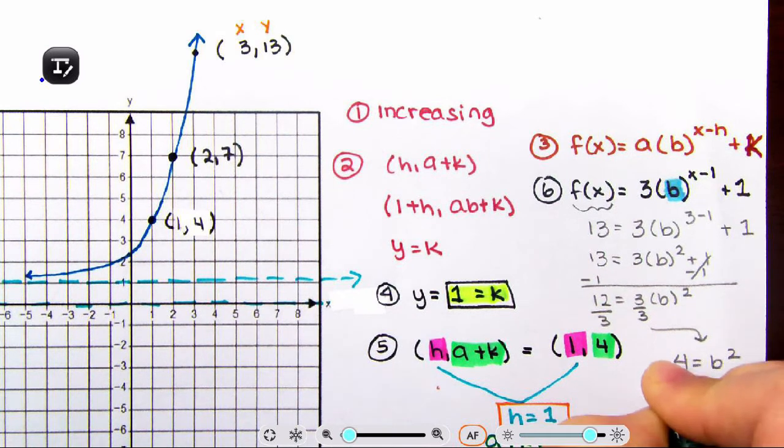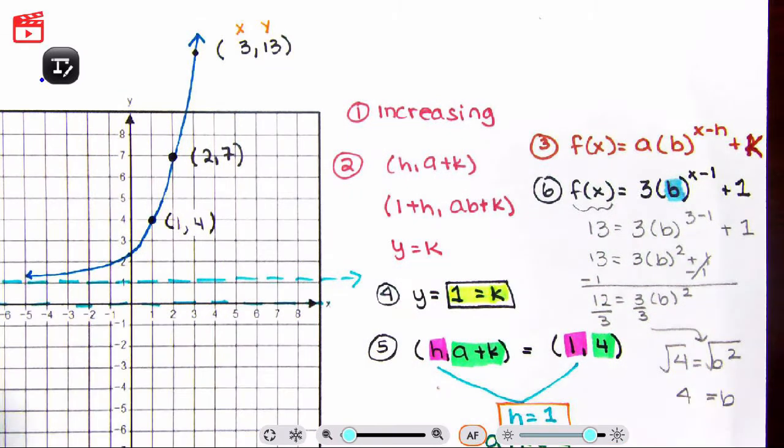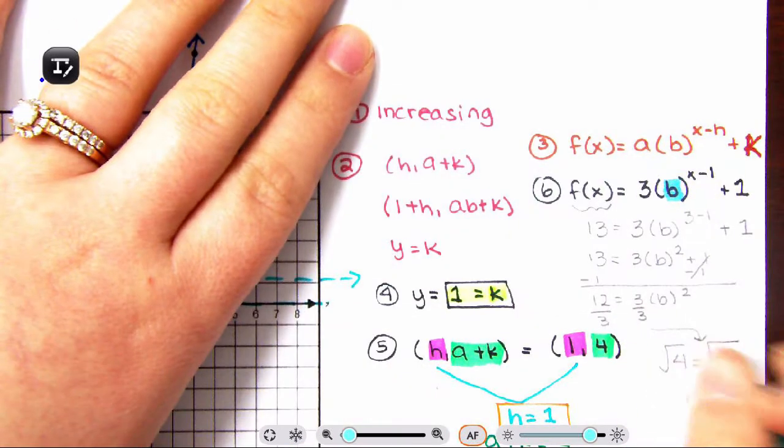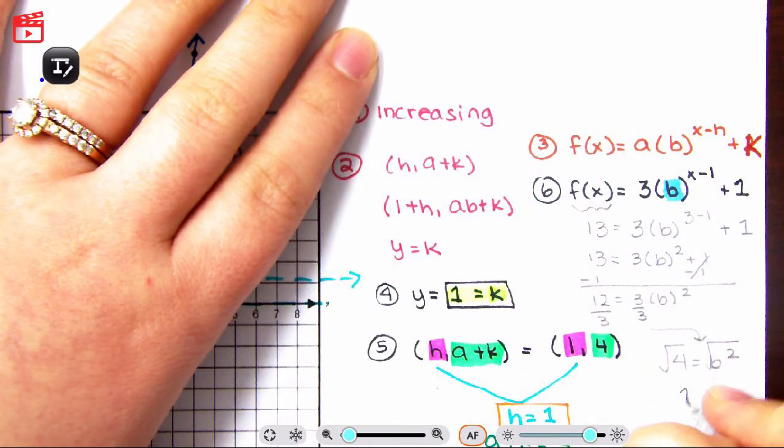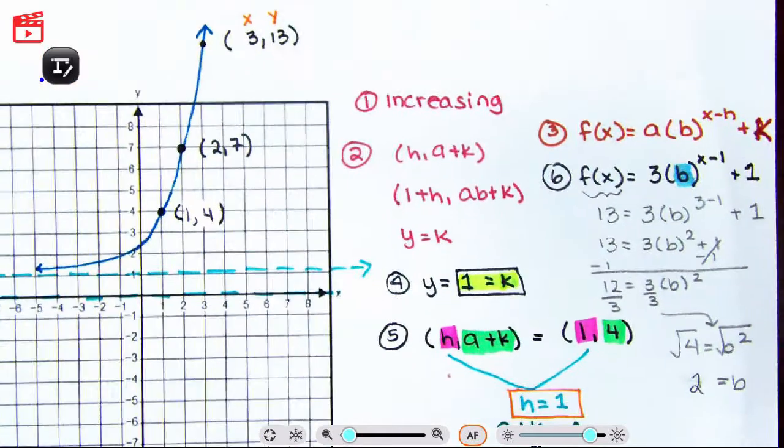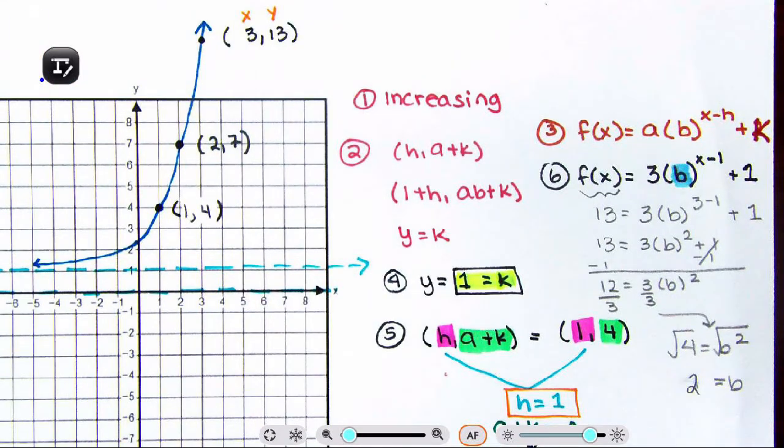Now keep in mind, whenever you take the square root of both sides, you do have a plus or minus, so technically this is plus or minus 2. However, we can't have a negative here because that would be a transformation. We would have a value of -1 times our b, and we would have a reflection across the y-axis.